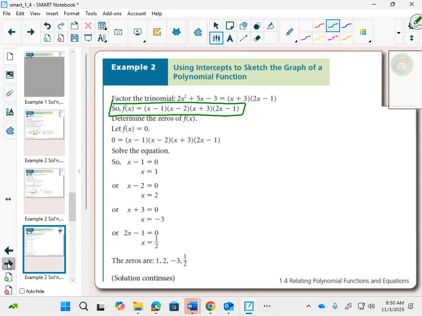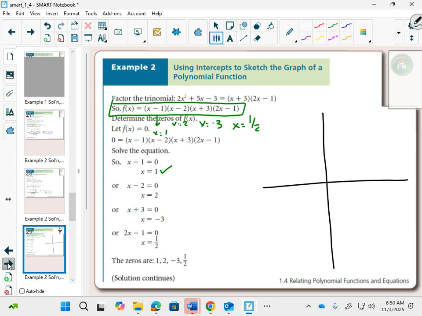So we factor that last one, and you get that whole x to the 4 thing factored completely, which tells you this one, x equals 1. This one, x equals 2. x equals -3, and x equals 1/2. So we take all of our x-intercepts.